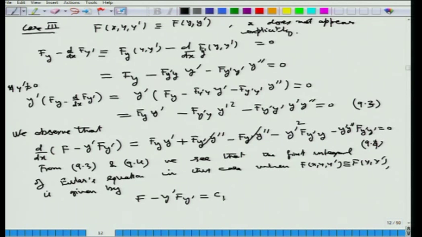So, the first integral is readily available here and then this can be integrated once more to get the extremals.